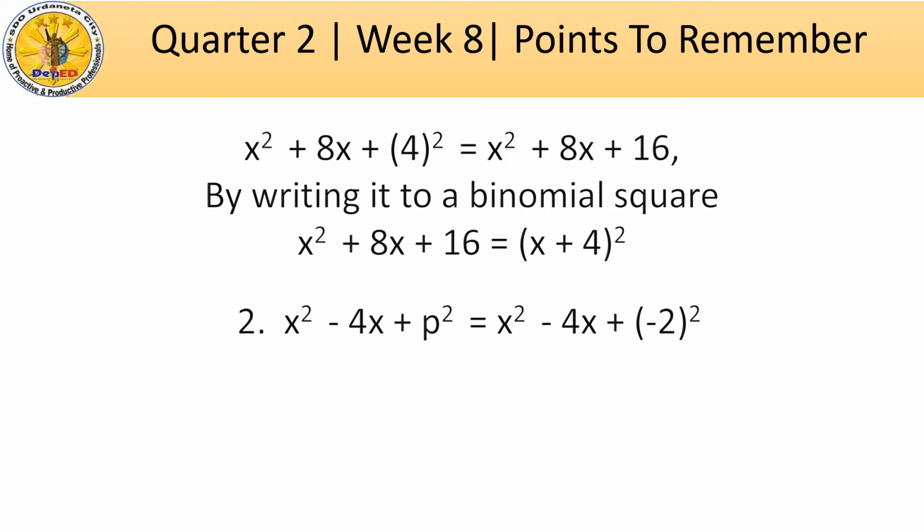Then the square of negative 2 is equal to positive 4. So we have x squared minus 4x plus 4. By changing it to a perfect square binomial, we have the quantity x minus 2 squared.